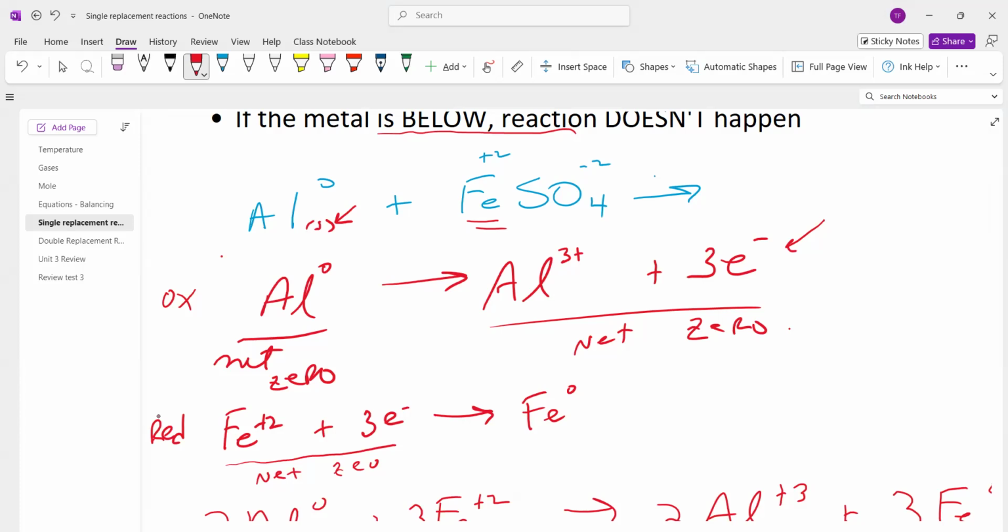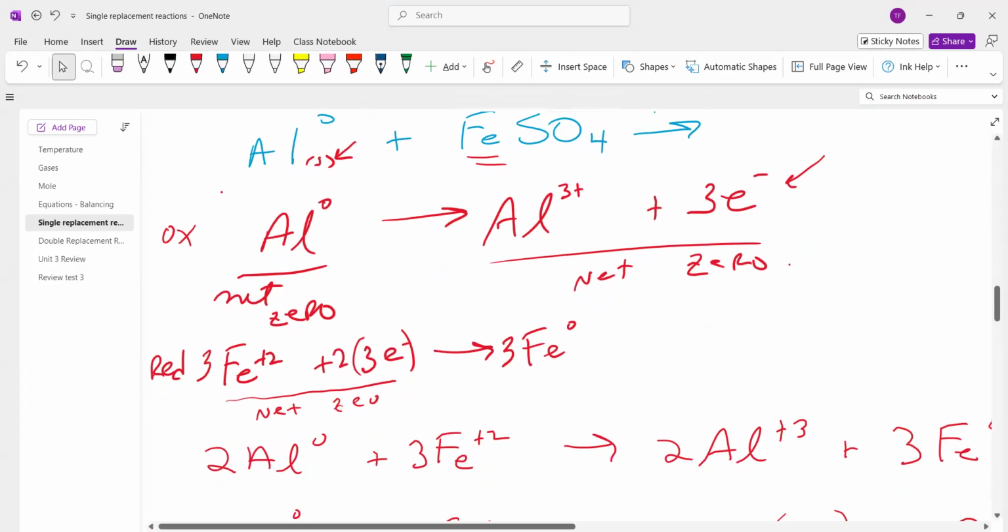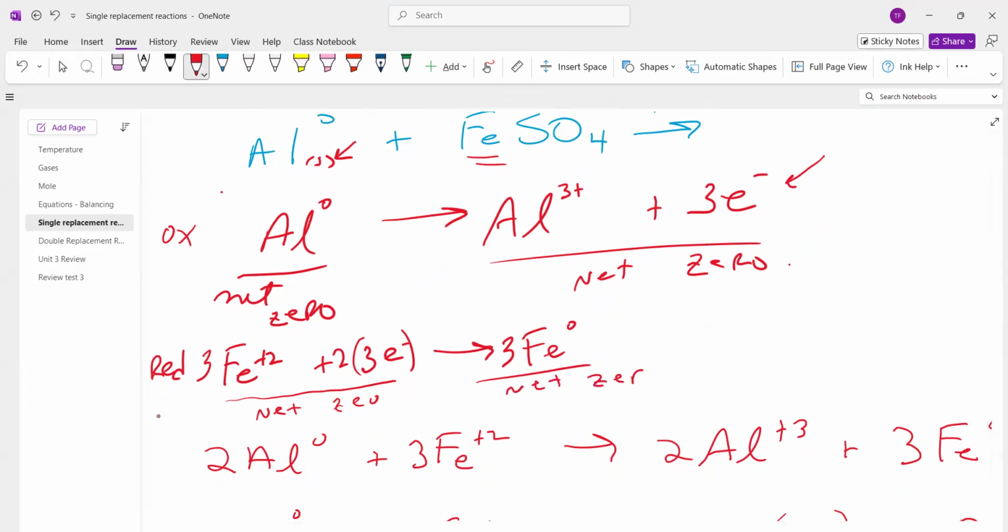Okay, so if we multiply this by 3 and this by 2, and the iron over here is going to be 3. So now we have net 0. Plus 6 minus 6, 0.